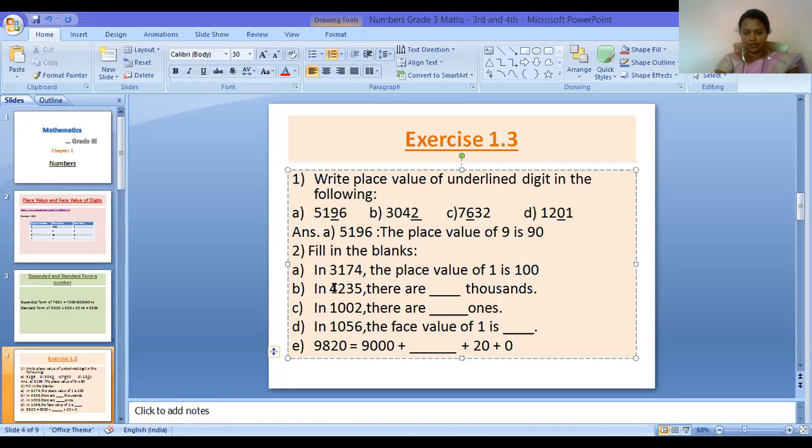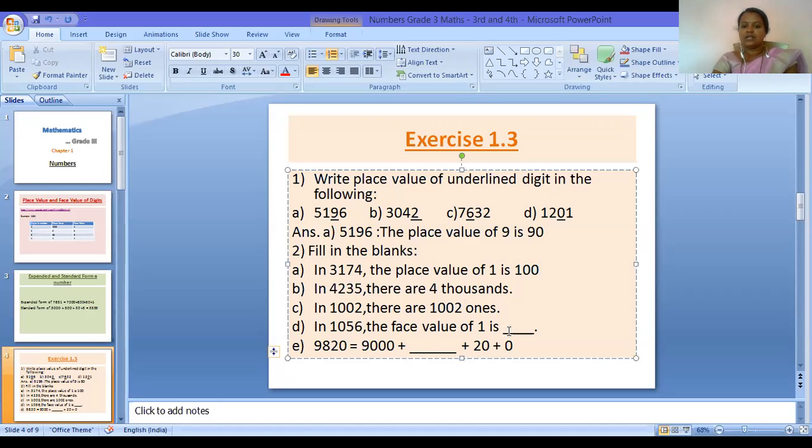If you represent 4235 on the abacus also, you will clearly make out the answer for yourself. Yes, it is 4 thousands. Similarly, in 1002, there are how many ones? Can you guess? Yes, it is 1002 ones, because when you multiply 1002 into 1, that would be the result we get.